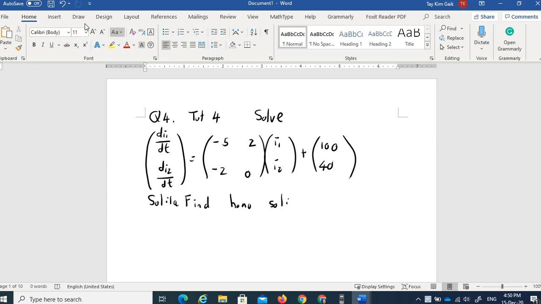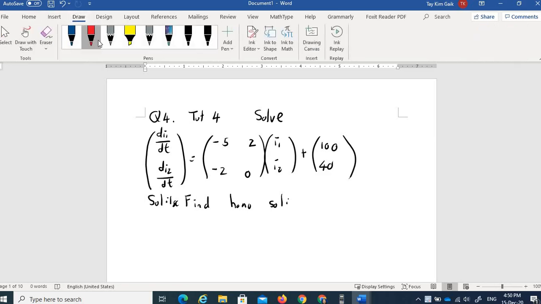Step 1, you find the homogeneous solution. And in finding the homogeneous solution, in step 1A, you need to find the eigenvalue. Right? You need to find the eigenvalue. Okay? And the eigenvalue, you have successfully found it.